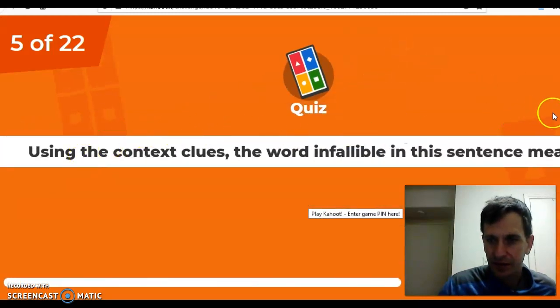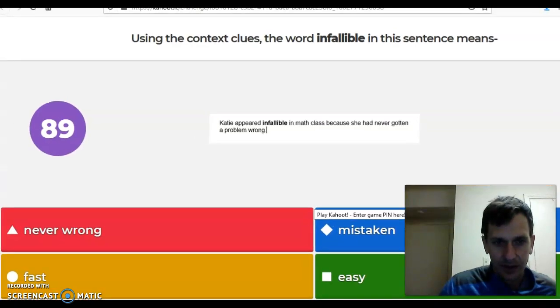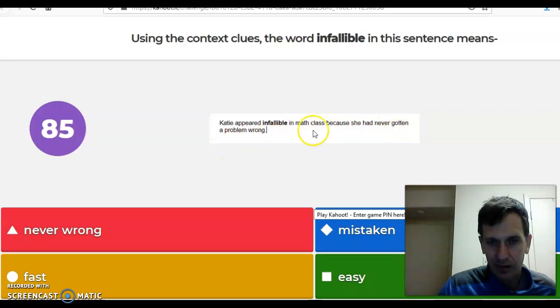Using the context clues, the word infallible in this sentence means: Katie appeared infallible in math because she had never gotten a problem wrong. So she never got a problem wrong. If she was infallible, she was never wrong, appeared never wrong in math. Mistaken, because she never got one wrong. She was fast, because she never got one wrong. Appeared easy.